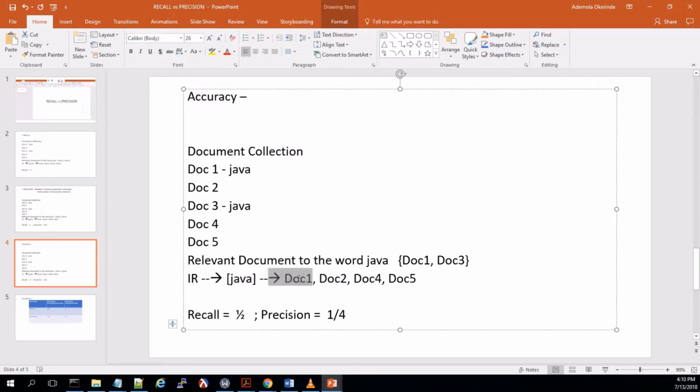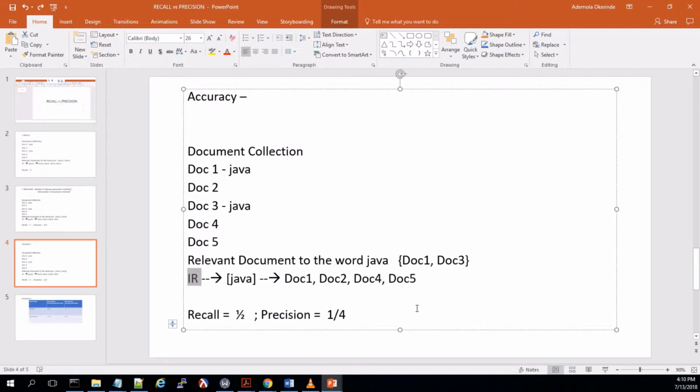Then in this case the IR system returns the following documents as relevant. We want to calculate the accuracy of this IR system, because we can have another IR system that returns maybe only document 1, or another that returns only documents 4 and 5.